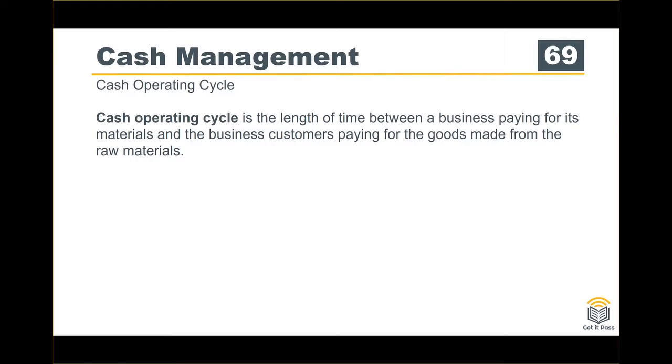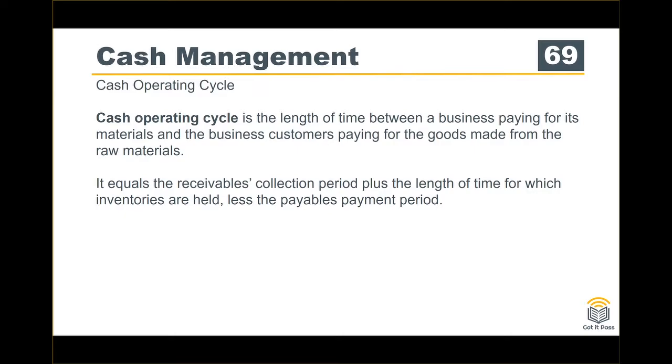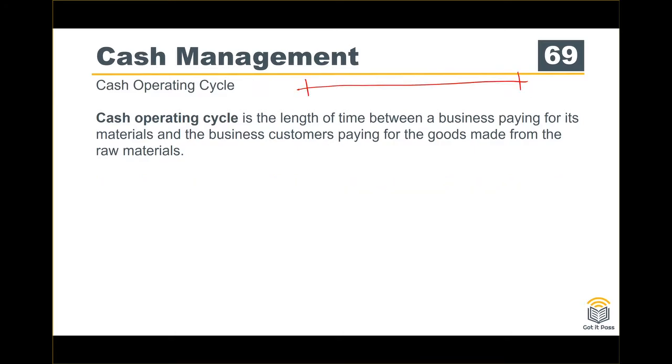So in simple terms, say here is point X, and the end of this line is point Y. For point X, you pay for materials, and in point Y, you receive the money from your customers. So between X and Y is the cash operating cycle.